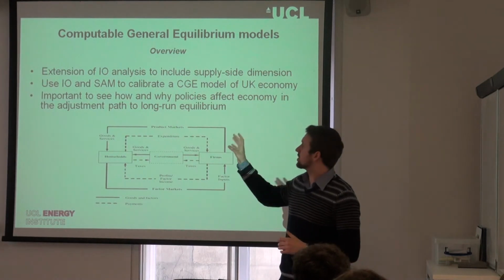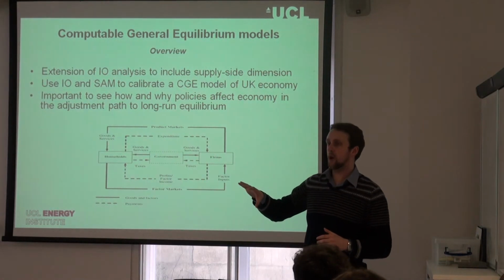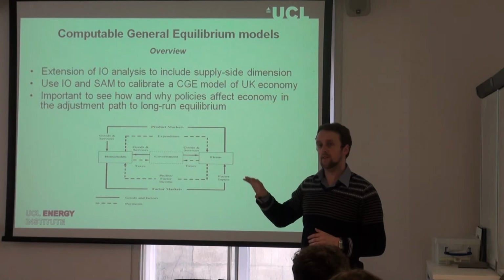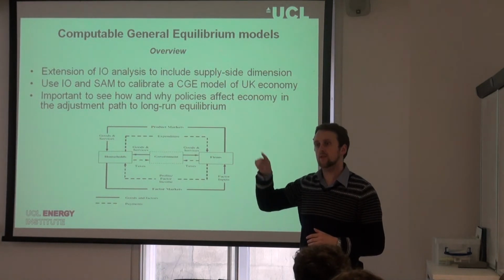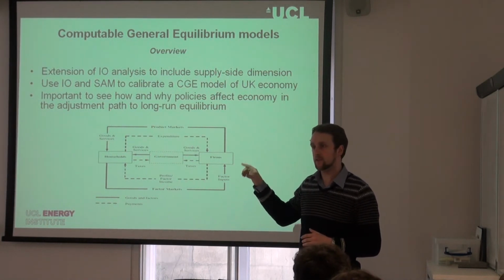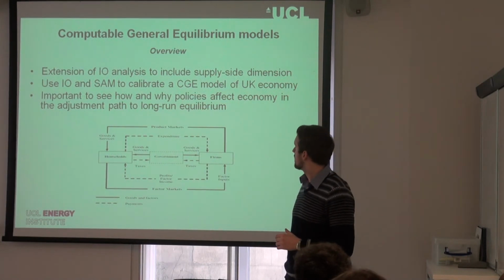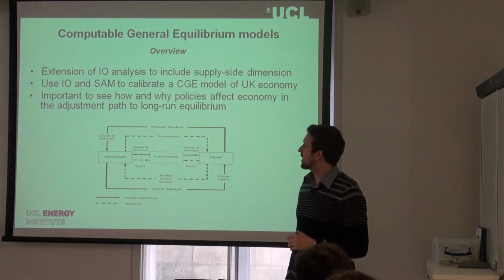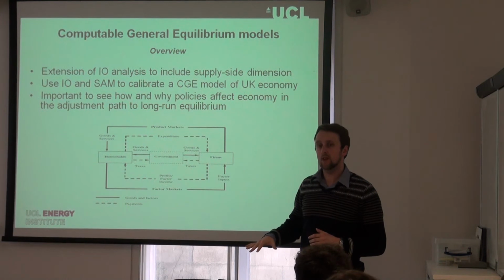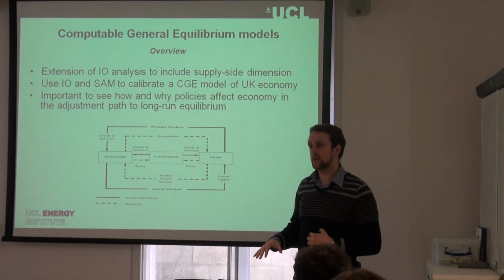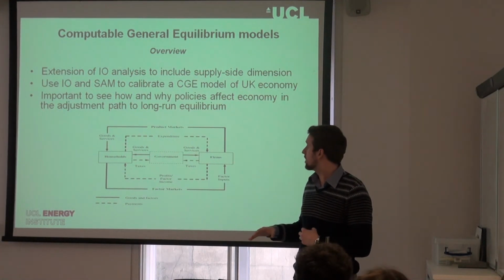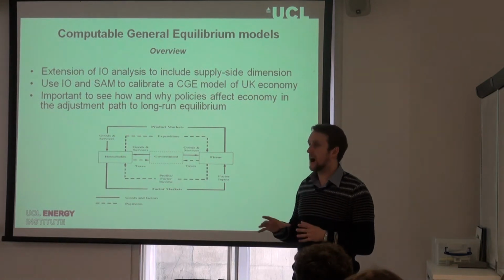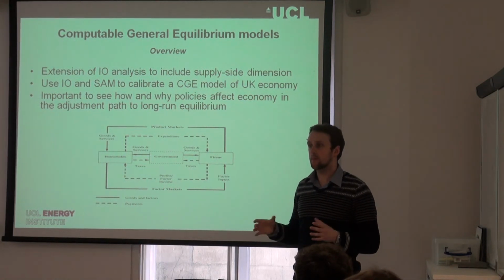Basically, you use the input-output table that I showed you before and some extra data on national accounts to create a matrix, a SAM matrix, a social accounting matrix. And then there's a set of equations that you are able to calibrate to an equilibrium. It's basically an equilibrium model.